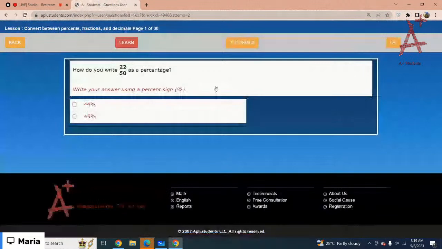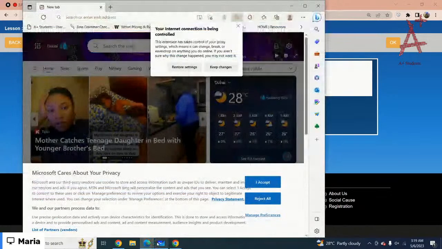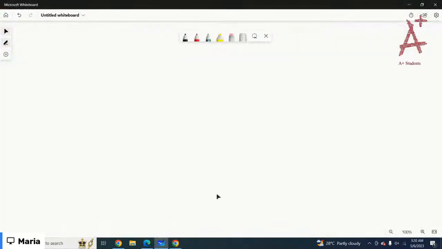Okay, how do you write 22 by 50 as a percentage? Whenever you have to write down a fraction as a percentage, you have to make the denominator equal to 100. Got it? Here you have 50. So 50 times what number equals 100? 50 times 2 equals 100.